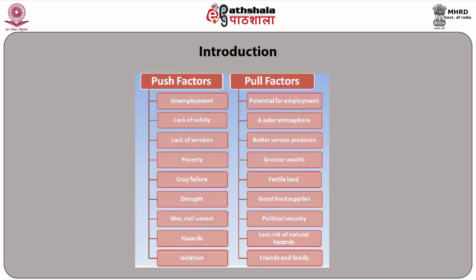Push factors are unemployment, lack of safety, lack of services, poverty, crop failure, drought, war, civil unrest, hazards, etc. Pull factors are potential for employment, a safer atmosphere, better service provision, greater wealth, fertile land, good food supplies, political security and stability, less risk of natural hazards, etc.